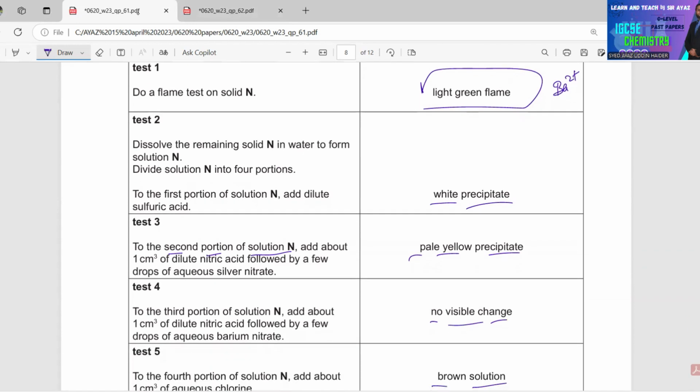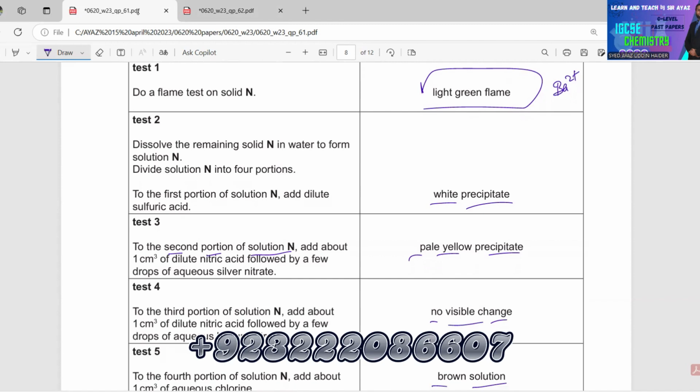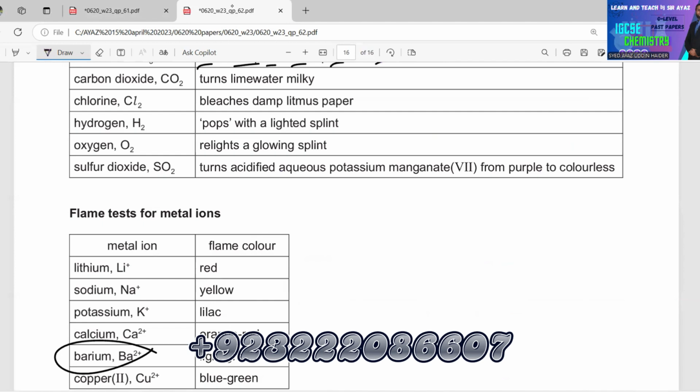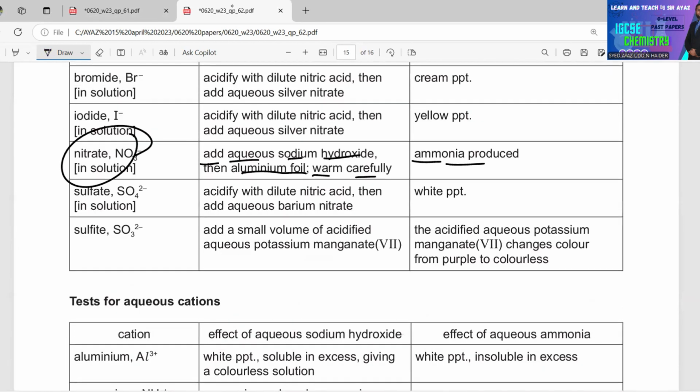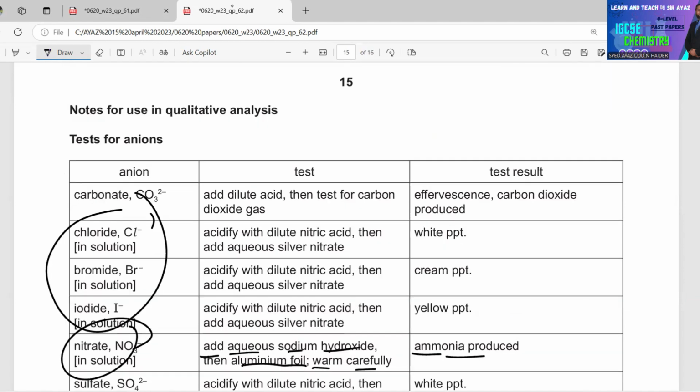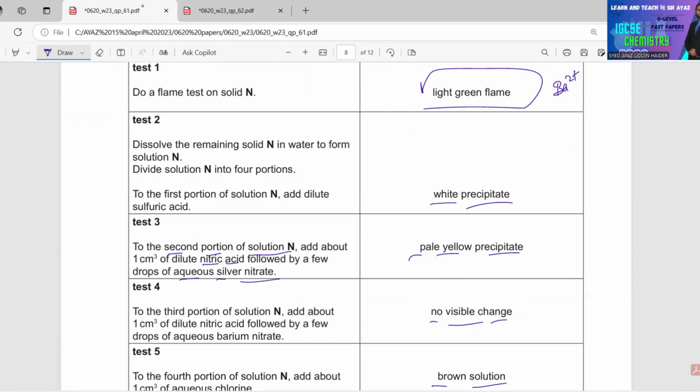And the second part, what they are saying, you're adding nitric acid followed by aqueous silver nitrate. These are the tests for the halide ions. If you look at the test for the anions, you have the test for the halide ions here. Chloride, bromide, and iodide. And you see yellow precipitate for the iodide. It must be having iodide present in it.